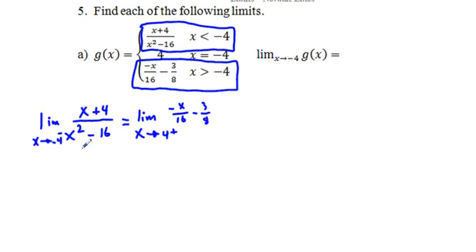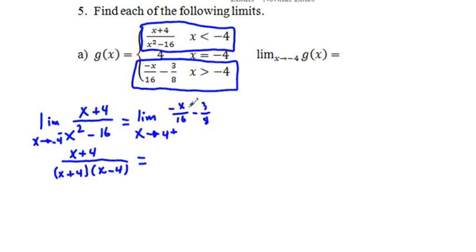Okay. Now if we plug in 4 on this left side limit, we're going to get 4 minus 4, which is 0, and then x squared, which is 4 squared, 16, minus 16, so we're going to get 0 over 0. So what we have to do is try to factor the left side, so we have x plus 4 in the numerator. In the denominator, we factor x squared minus 16 into quantity x plus 4 times quantity x minus 4.